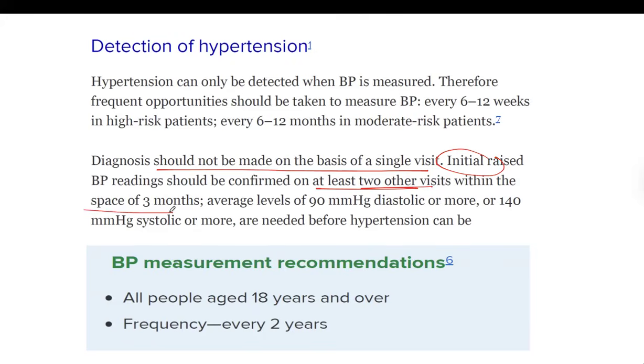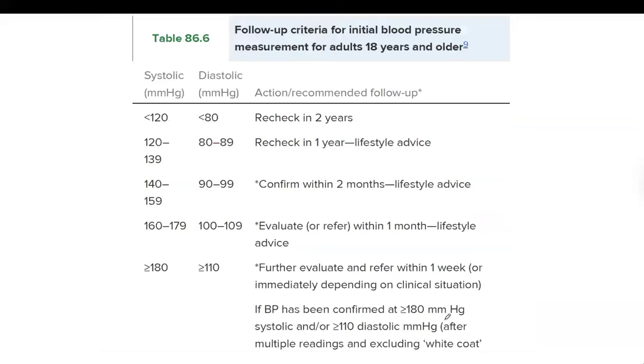So if the average of these 3 is 90 diastolic or 140 systolic, then you can say that this is most likely a patient who has hypertension. And this is another important thing: every patient who is more than 18 should have a blood pressure check every 2 years at least.